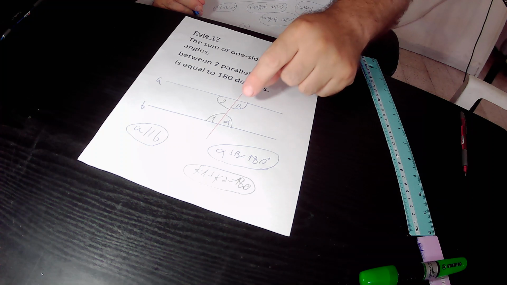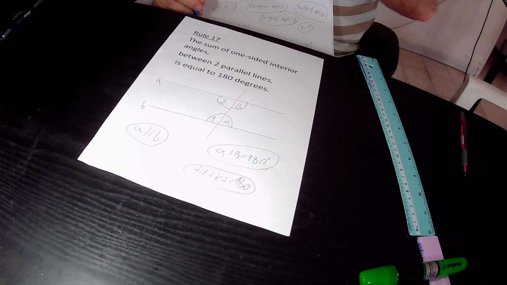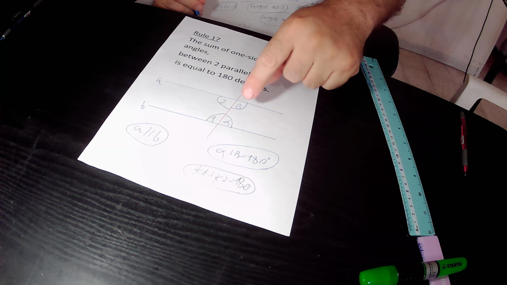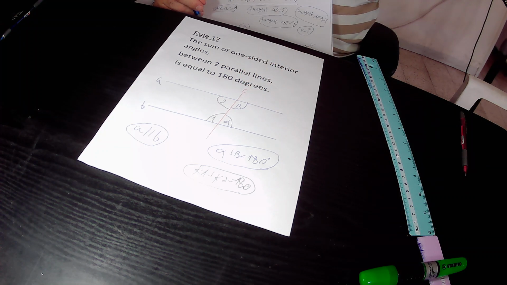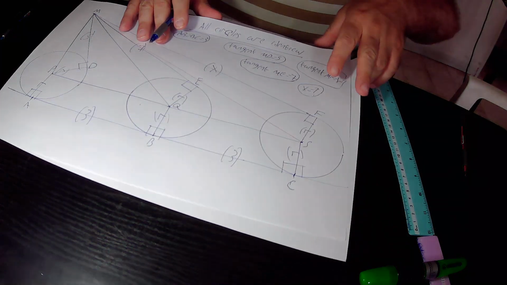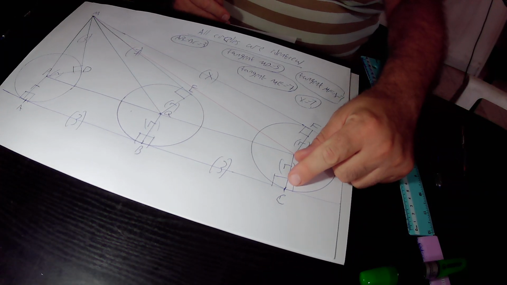So in total, those 2 angles, alpha and beta, are defined as one-sided interior angles. And according to this rule 17, the sum of two one-sided interior angles is equal to 180 degrees. That is to say, alpha plus beta is equal to 180 degrees. So we can implement rule 17 in our drawing. In our drawing, we have those two angles.